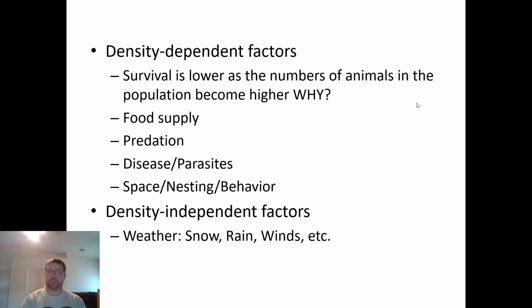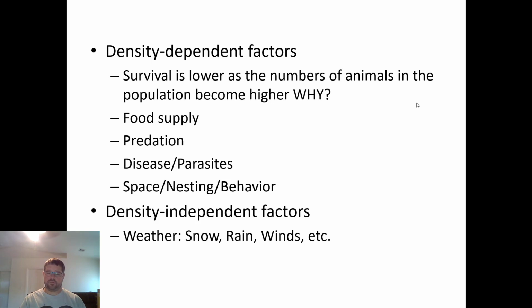Okay, a couple of things will determine the population dynamics. We have two main types of factors that determine survivorship, or the ability for a population to grow. Some of those are called density-dependent factors.